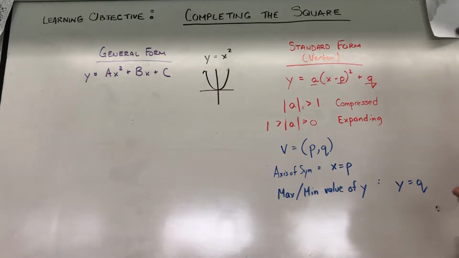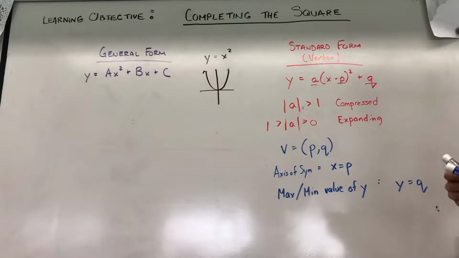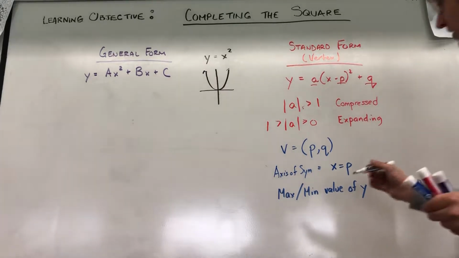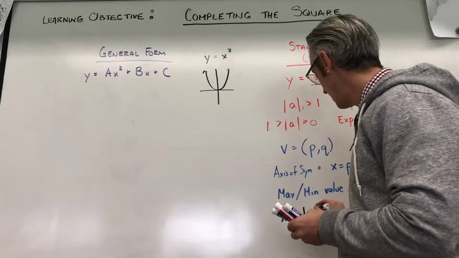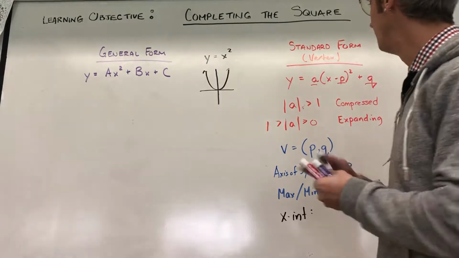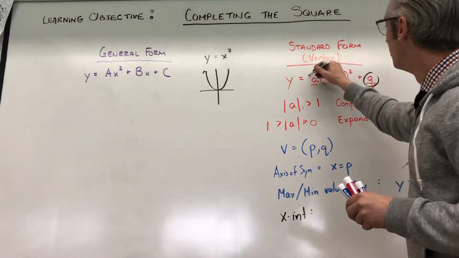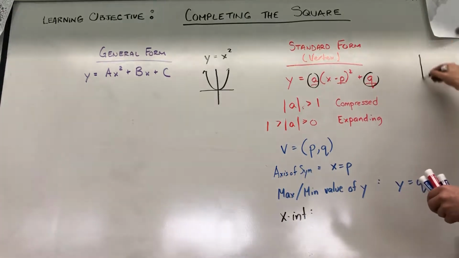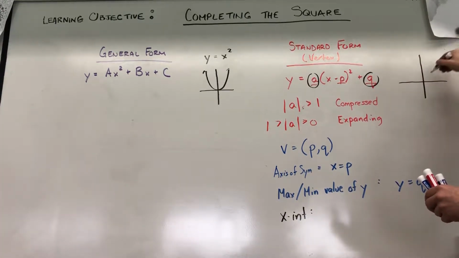From our standard form, we can also determine how many x-intercepts we're going to have. And how do we do that? Well, we look at the combination of a and q. If a is a positive number, we know we're going to be opening upwards like this.